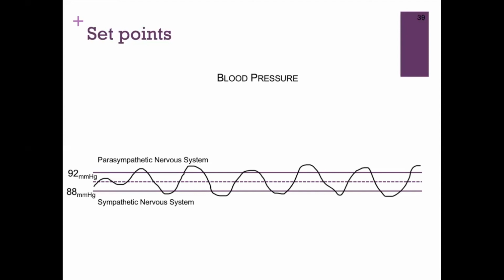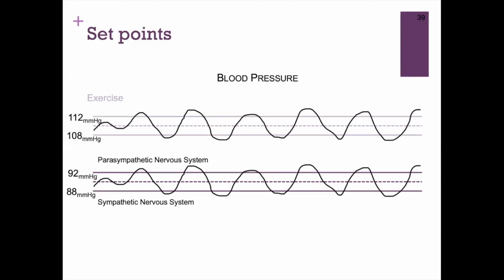So instead of it trying to be around this 90 millimeters of mercury, we will say with exercise, we need to defend a higher pressure, say 110 millimeters of mercury.